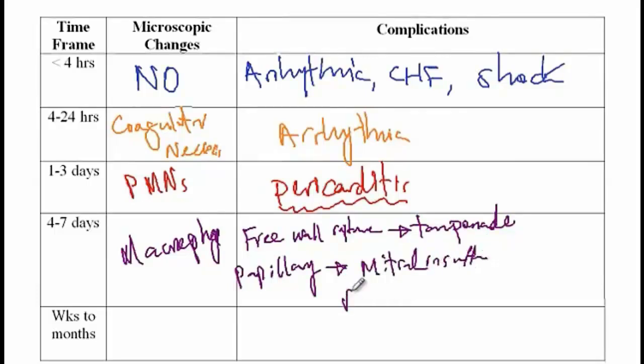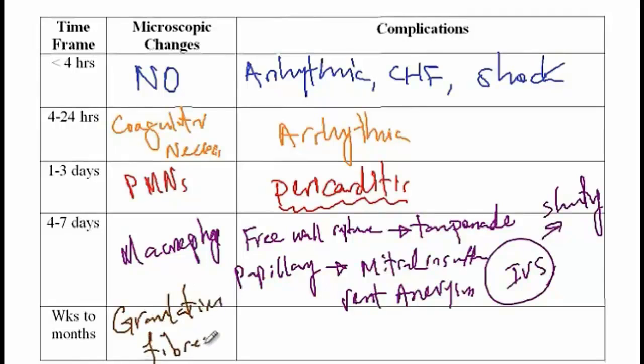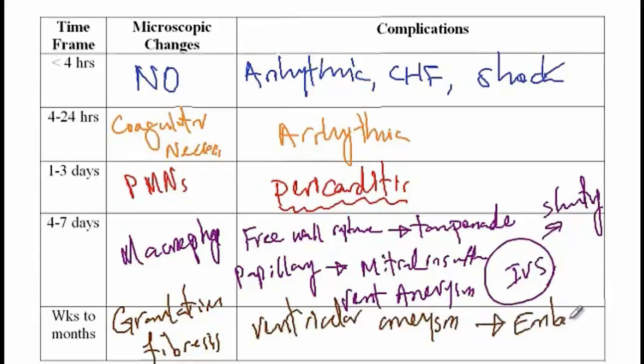There could be a ventricular aneurysm, and then finally the interventricular septum can be ruptured, and thus there would be shunting of blood from the left to the right side. And then finally, weeks to months after the injury, there would be granulation tissue as well as fibrosis, and so there would be increased risk of ventricular aneurysm in these patients that increases the risk of emboli formation.